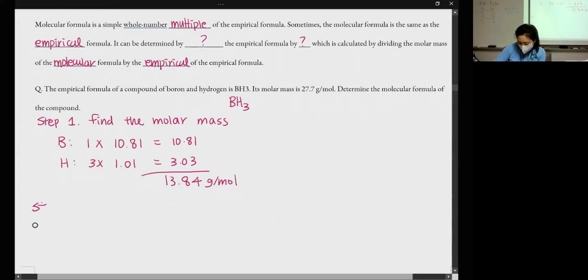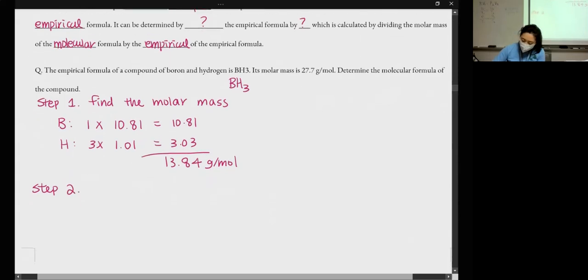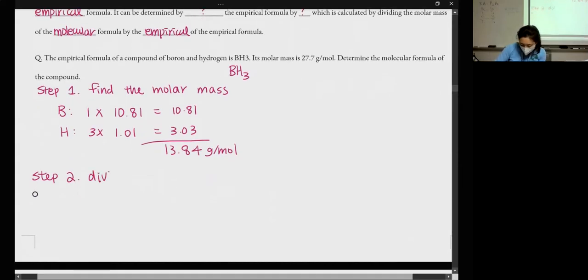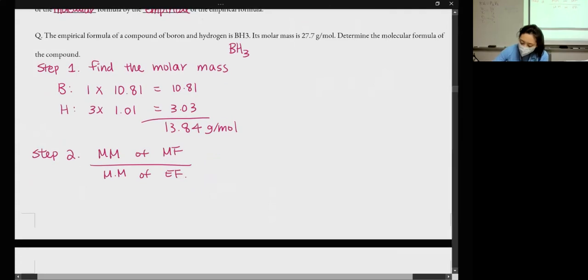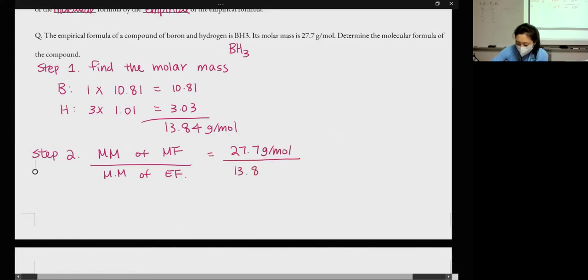Step 2, divide the molar mass of the molecular formula over the molar mass of the empirical formula, which is 27.7 grams per mole divided by 13.84 grams per mole.